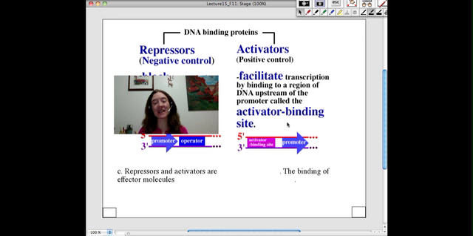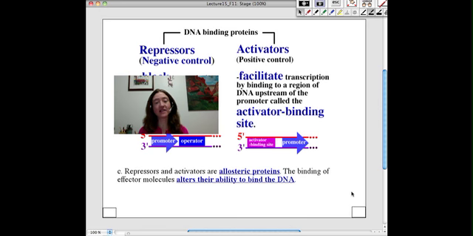For some reason, I was thinking back to Pete's exam, and he did a great job of describing allostery and how we could get either inhibition by effector molecules or activation by effector molecules. And that's true of DNA binding proteins as well. So they too, like enzymes, can be allosteric, and the binding of effector molecules can alter their ability to bind the DNA. It's analogous, really, to enzymes where they were binding substrate, right?